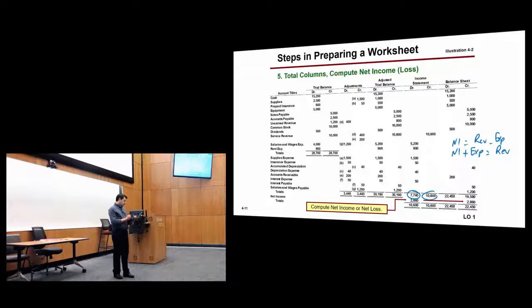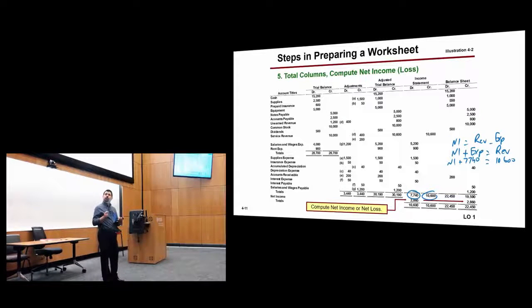Basically what we have here, 10,600 must be equal to 7,740 plus net income. This is why it goes on the same side as the expenses. If it were a net loss, it would be a negative amount, so it will go on the credit side.